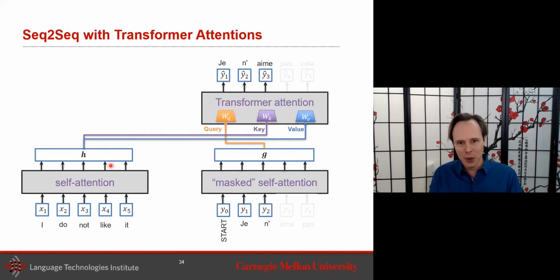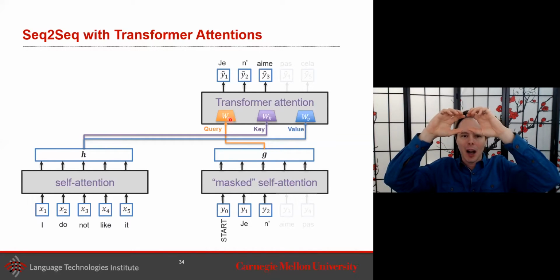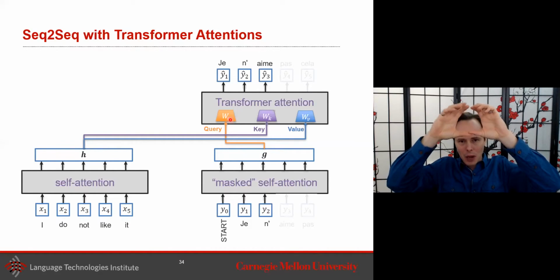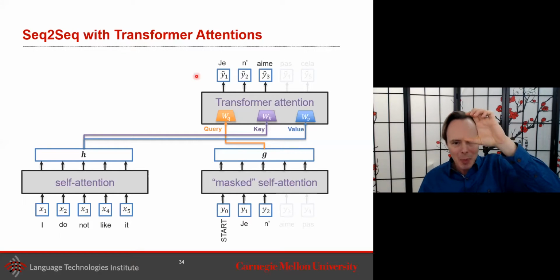Another way to say it is query is what you want to be encoded. But here the challenge is to encode it, I cannot even use my input.